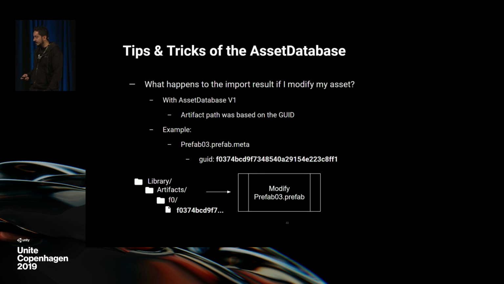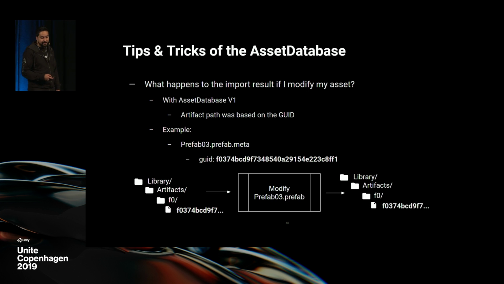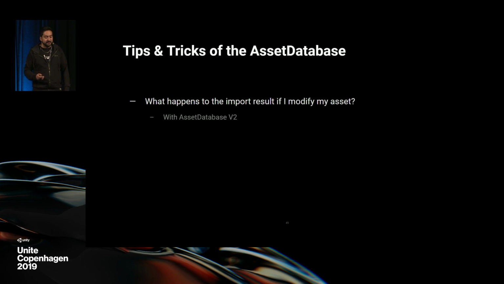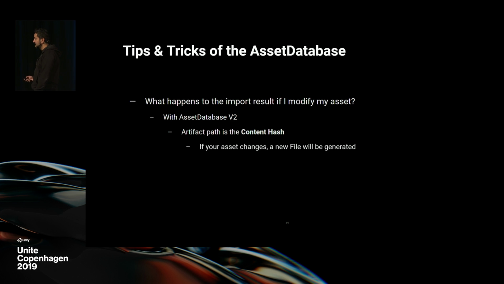So let's say I modify prefab3.prefab. Then the import result is still in the same location as before. What happens in AssetDatabase version 2? Now the artifact path is not the GUID, it's the content hash.